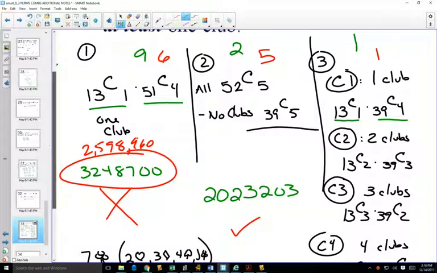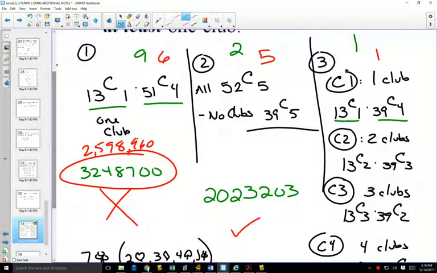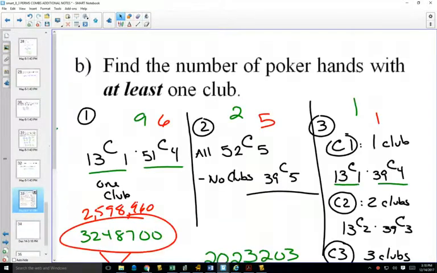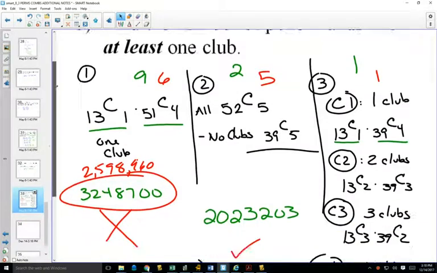Now in the last 10 minutes, we are going to look at some other... Whoa, what? Scroll down. Why is the second one correct? Why is the second one right? Well, if you take all of your poker hands, right, and you happen to buy enough decks of cards so that you could lay them all out, all 2.6 million, and look at them, and then you went around and took out all the ones without clubs and put them aside, what would you be left with?